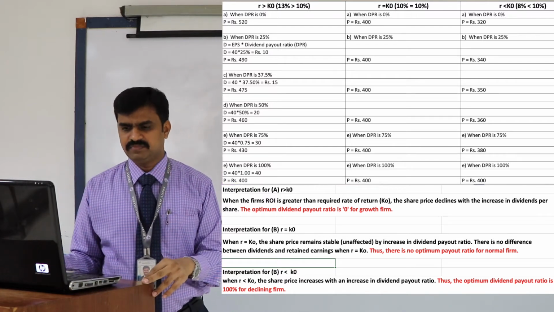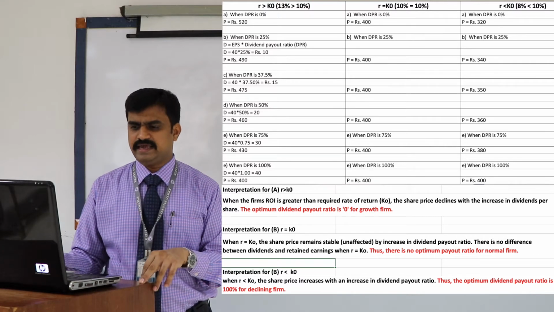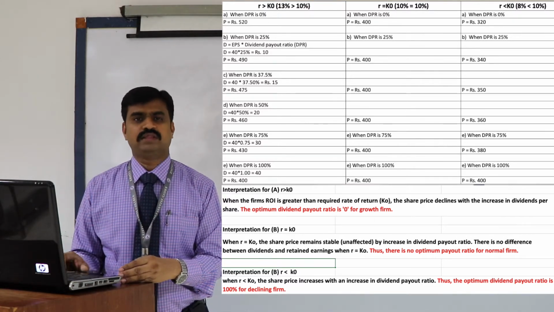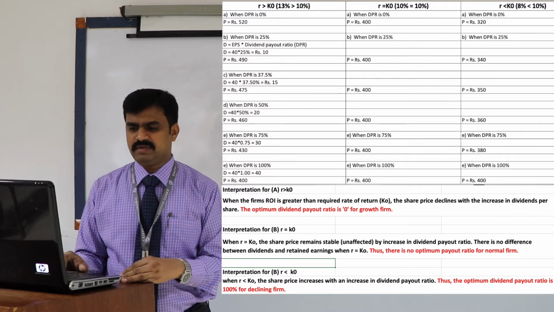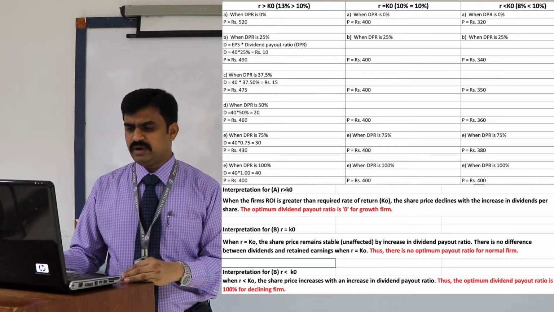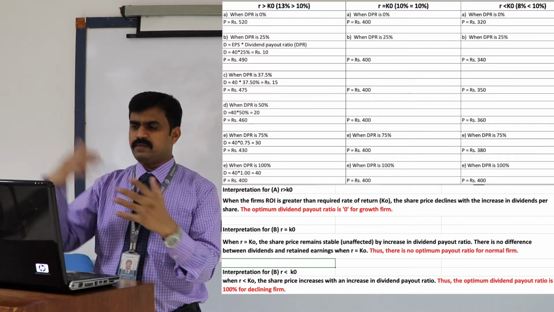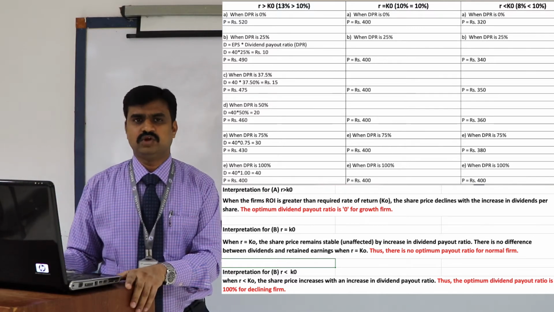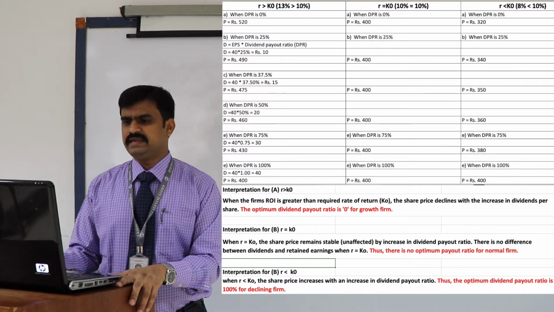Again there is a decrease. The second last case, when DPR is 75%, the price becomes 430, and the last case it becomes 400. So what you can see from 0 to 100%, is the stock price increasing or decreasing? The stock price is decreasing.